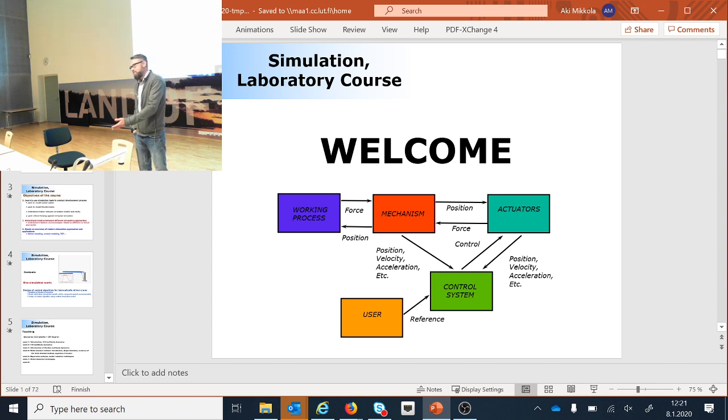There are technical matters as well that we will discuss, and this course will get started from those technical matters. So we will get started by looking at how we can model spatial bodies and how we can describe the kinematics in the three-dimensional case.